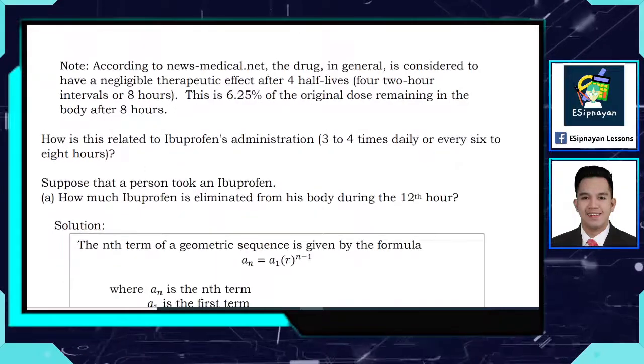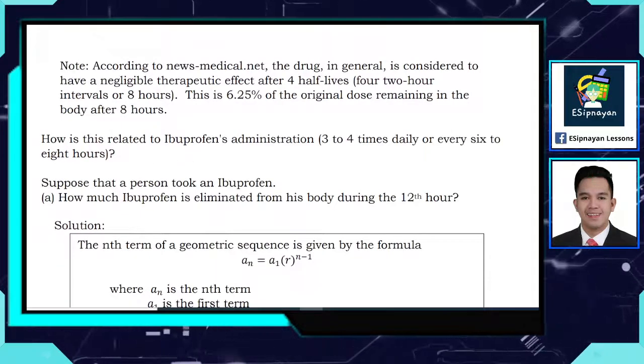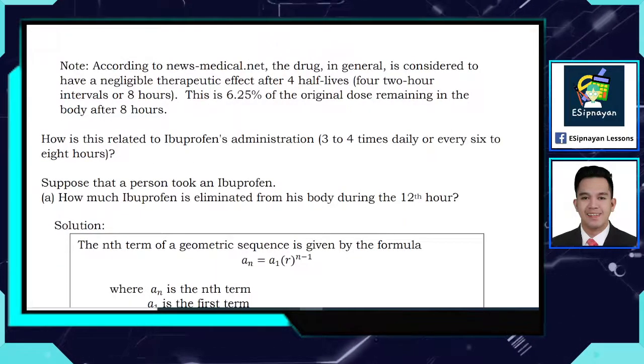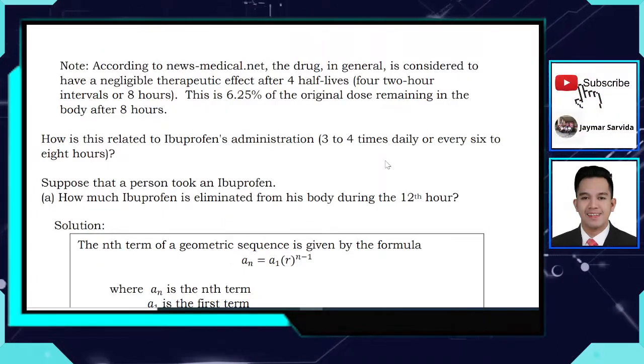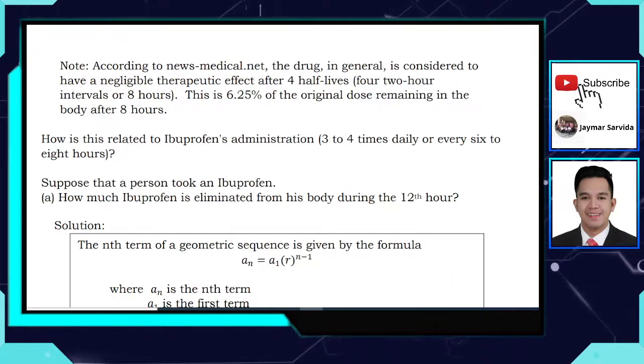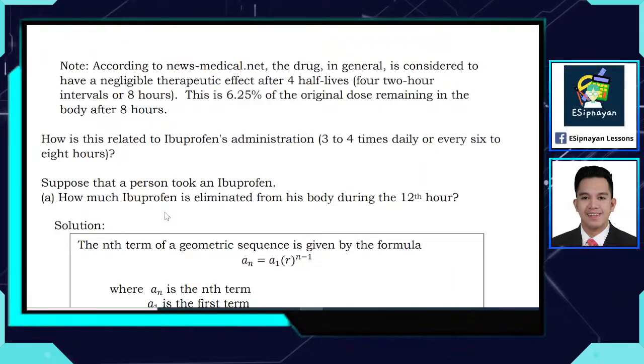So how is this related to ibuprofen's administration 3 to 4 times daily or every 6 to 8 hours? So suppose that a person took an ibuprofen, how much ibuprofen is eliminated from his body during the 12th hour?